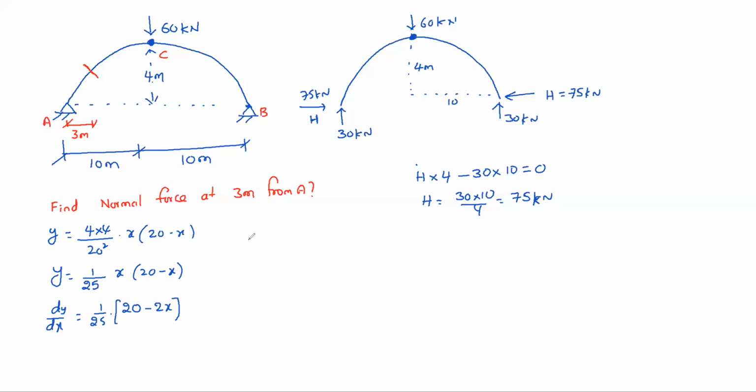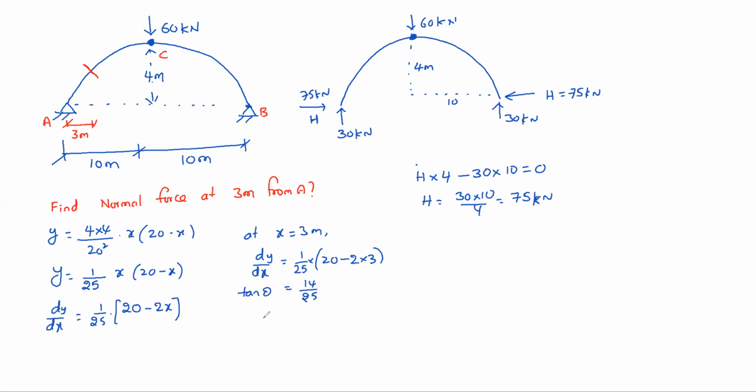Okay. At x equal to 3 meters, dy by dx equal to 1 by 25 into 20 minus 2 into 3. How much is it? 20 minus 6, that is 14. 14 by 25. So this is tan theta actually. dy by dx means tan theta.